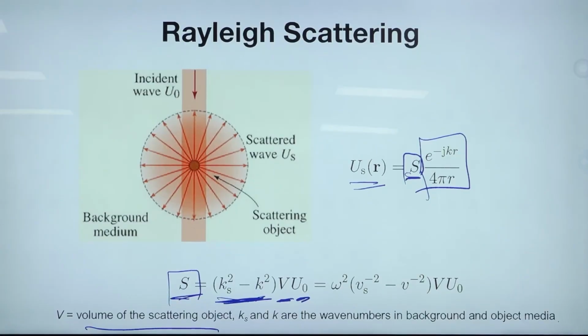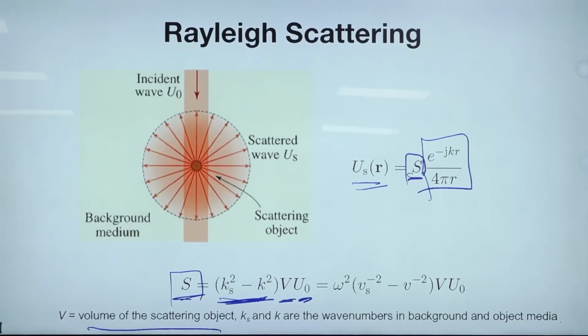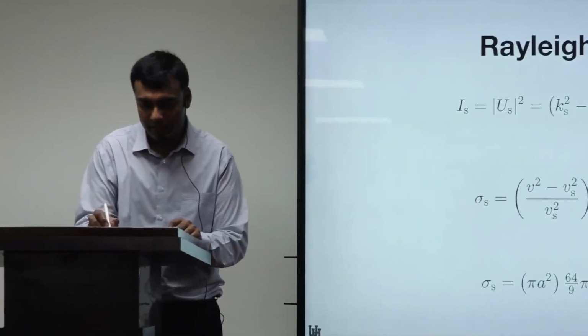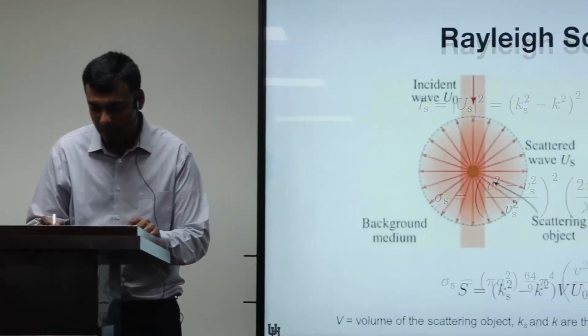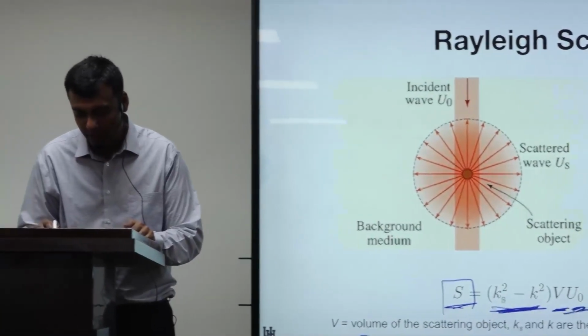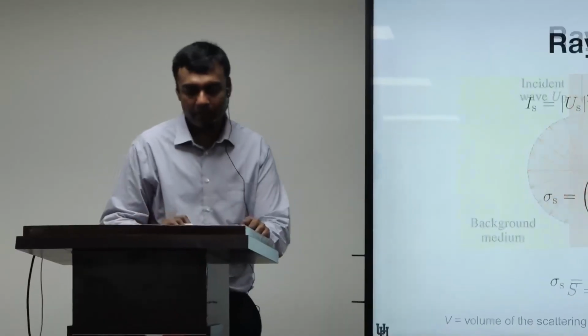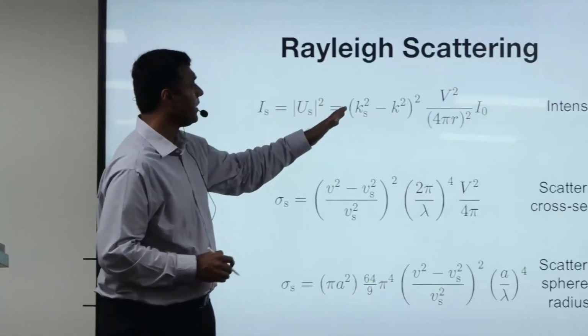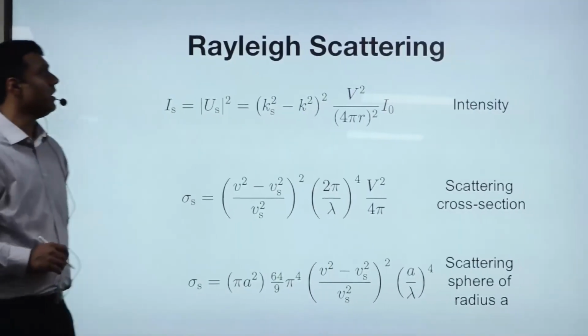So this equation gives you the field Us. If you want to measure intensity, you take the square of the field, and that gives you this kind of an equation.